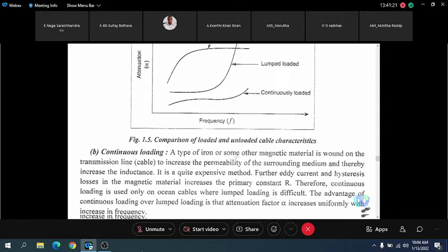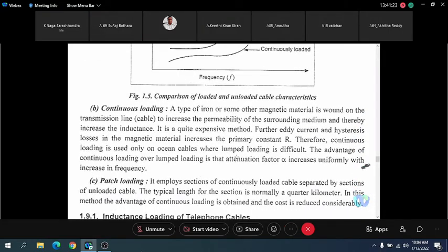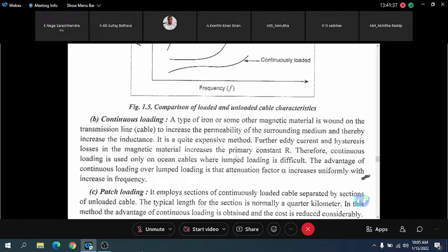And what is patch loading? A third kind of loading to increase the inductance of the transmission line. Patch loading employs continuously loaded cable. In continuous loading, some magnetic material of high permeability, like a steel tape, is wound on the cable.